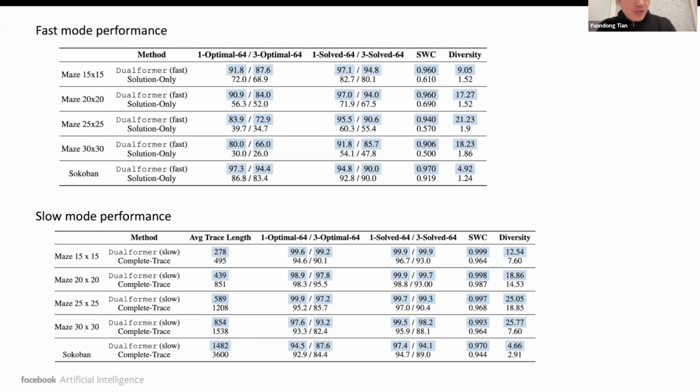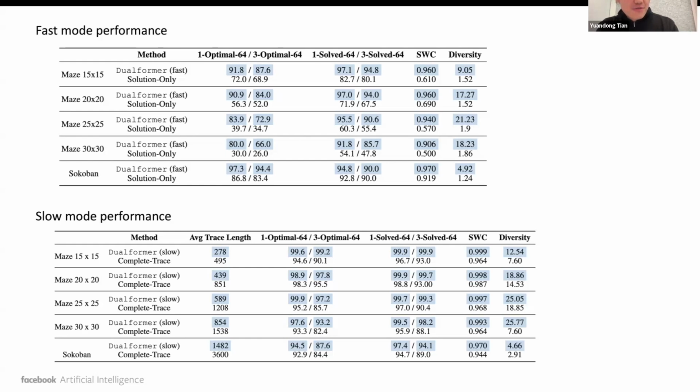But you can also ask the model to focus on System 1 or System 2 manually by specifying the first token it generates. If the first token is something like a plan, then the Dualformer will get into the fast mode, because after the plan token you directly output the final plan.